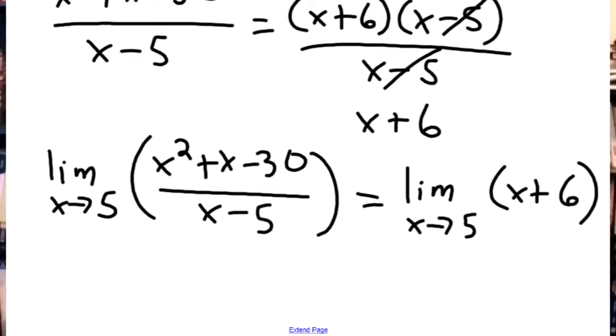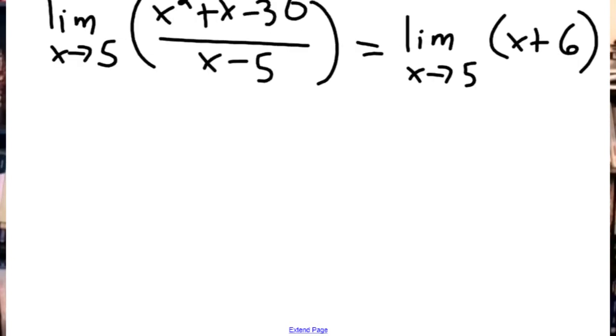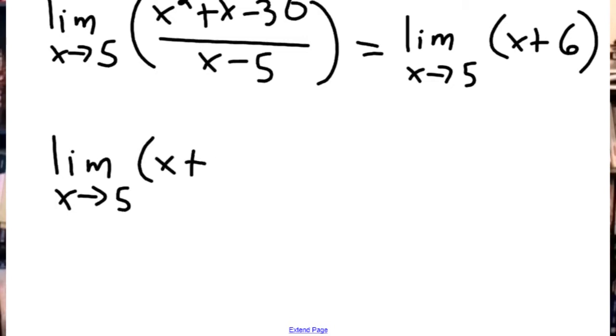And of course, remember, for these type of functions, and again, these will be explained later, if I want to find a limit, I simply plug the number in. So to find a limit as x goes to 5 of x plus 6, all I do is plug in 5 for x. So that's 5 plus 6, or 11.